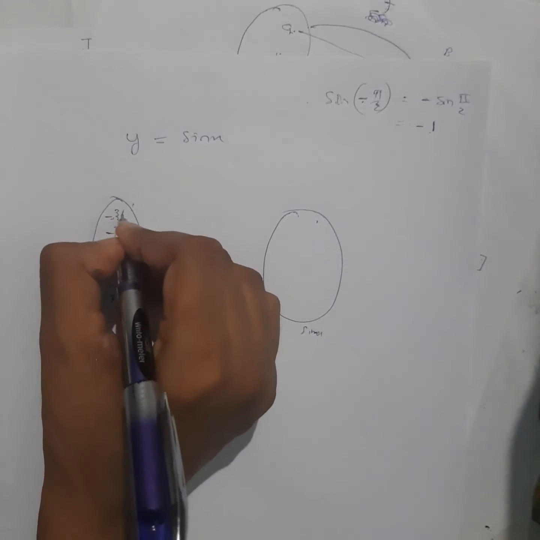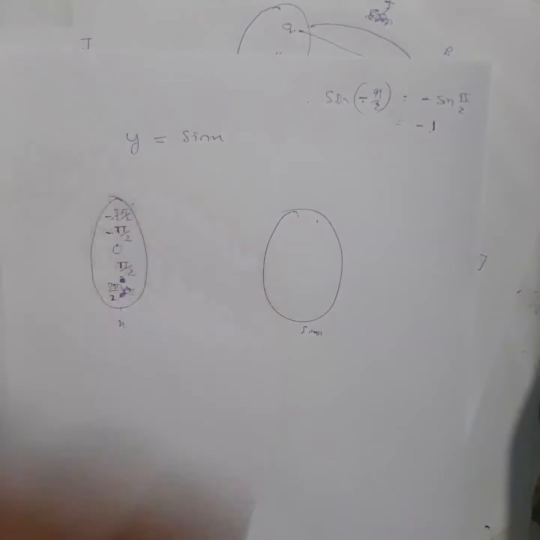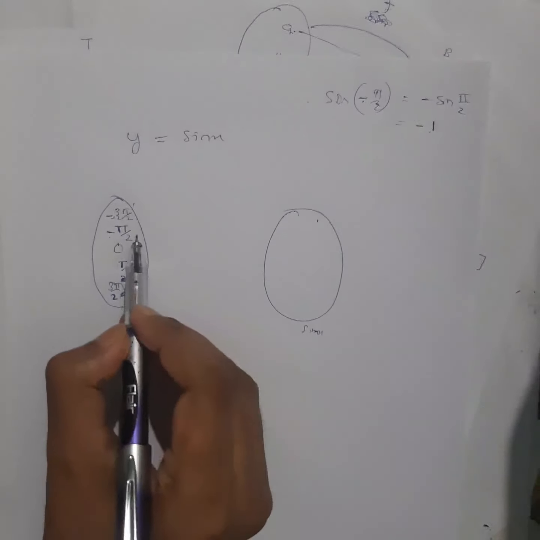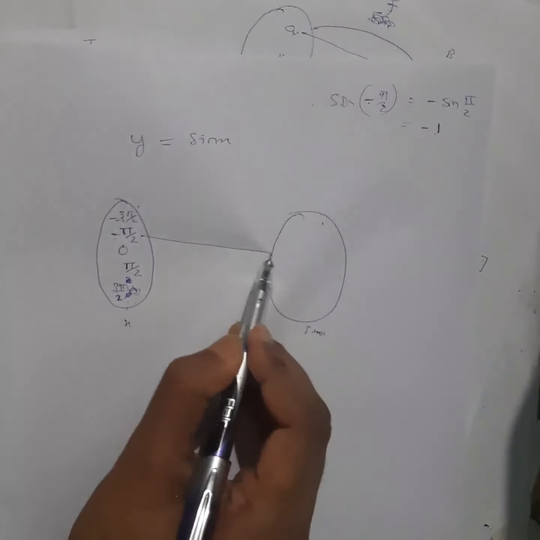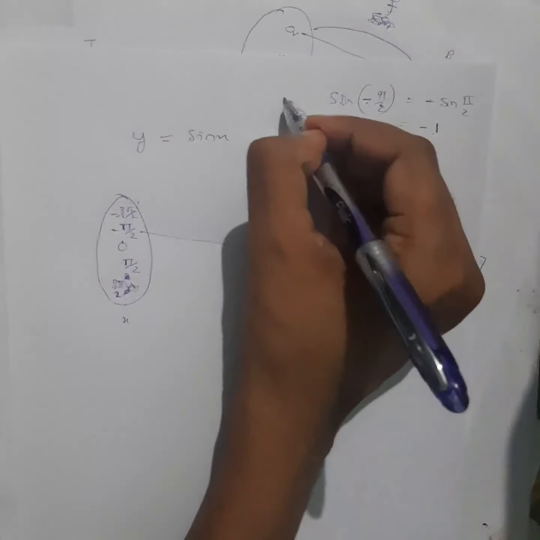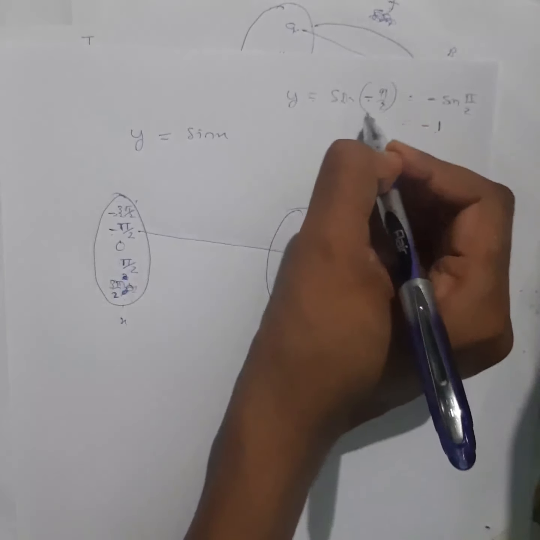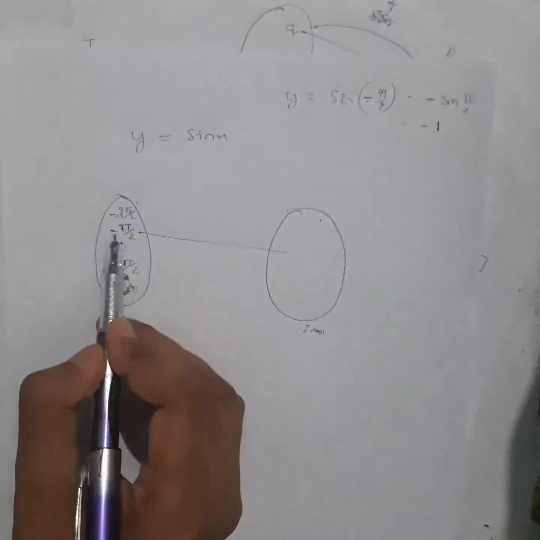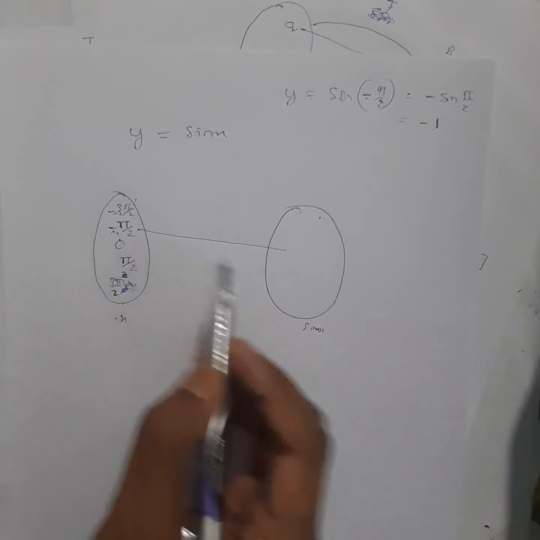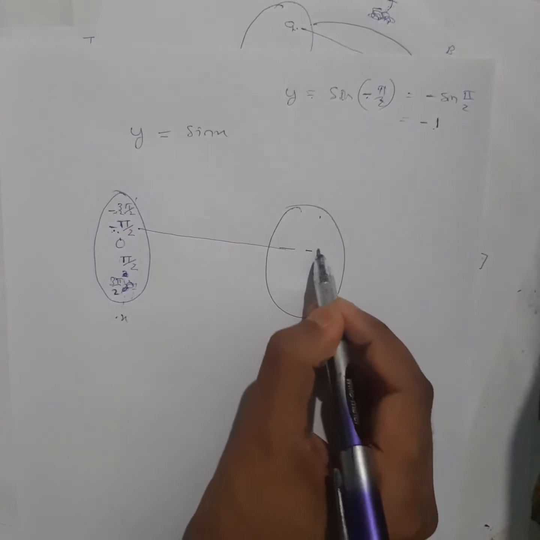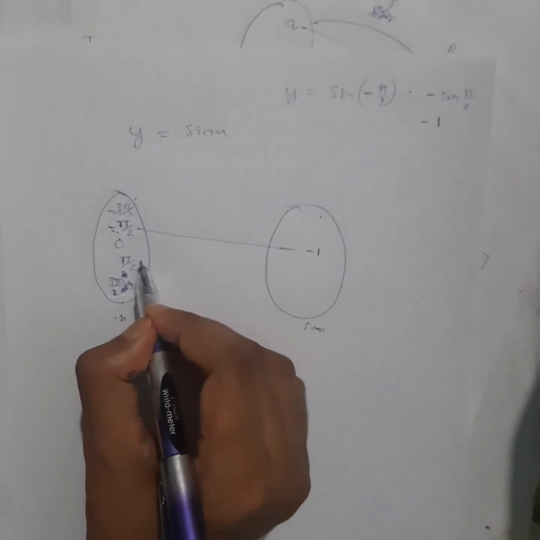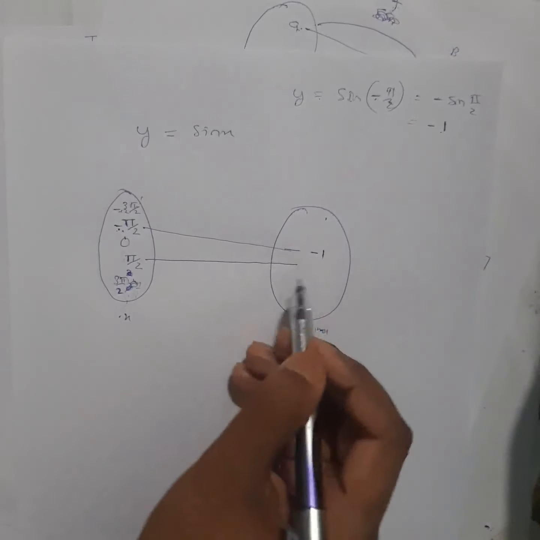Minus 3 pi by 2 like that. So for minus pi by 2, what is the image? What did we get? When we put x equal to minus pi by 2, I got minus 1. When I took the image of pi by 2, what did I get?